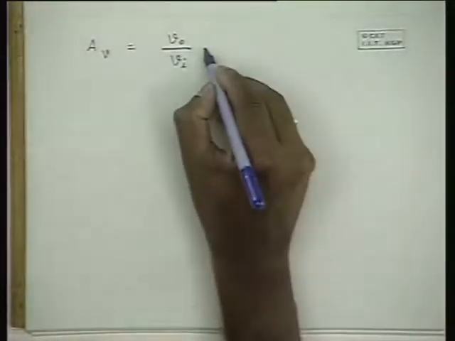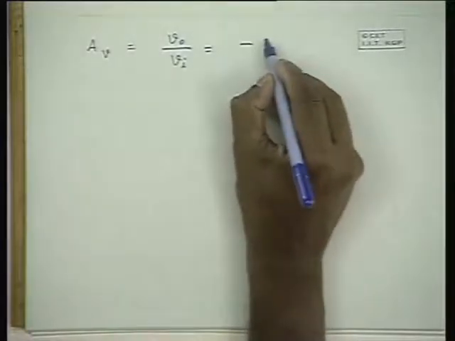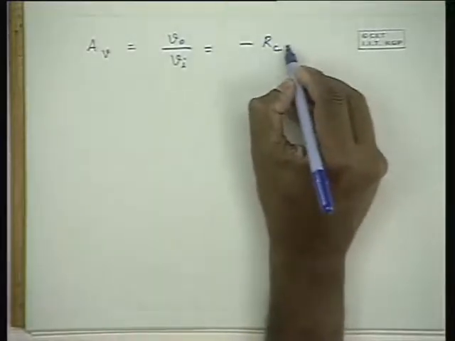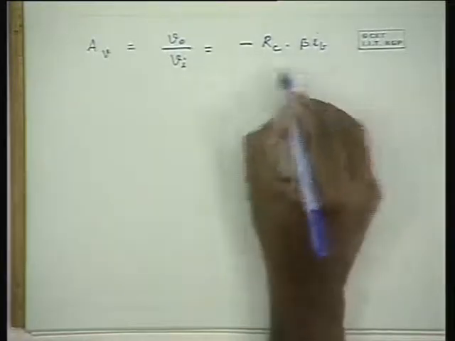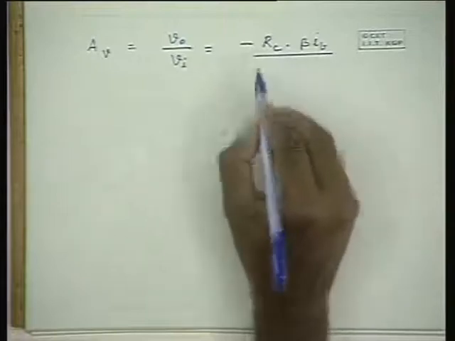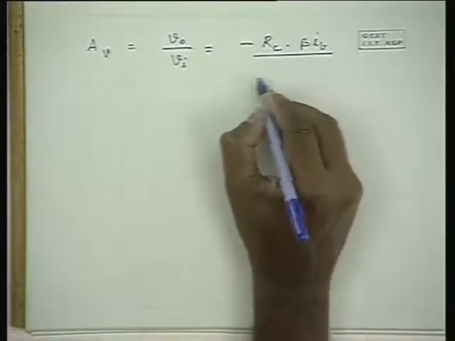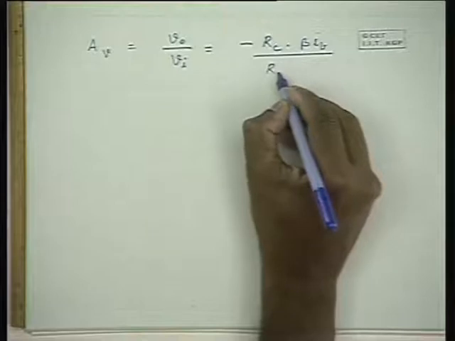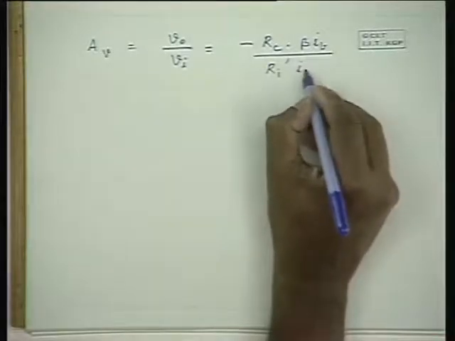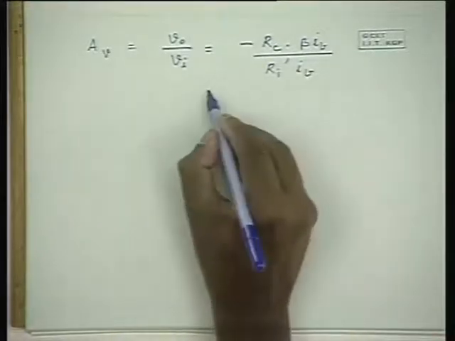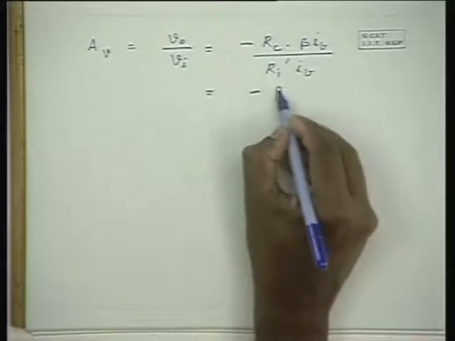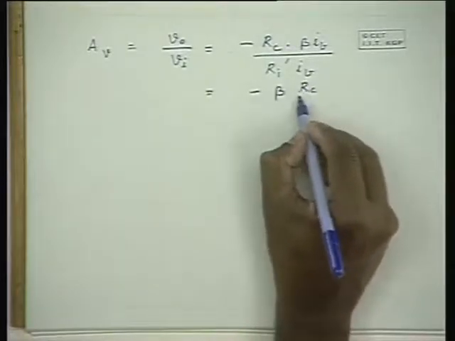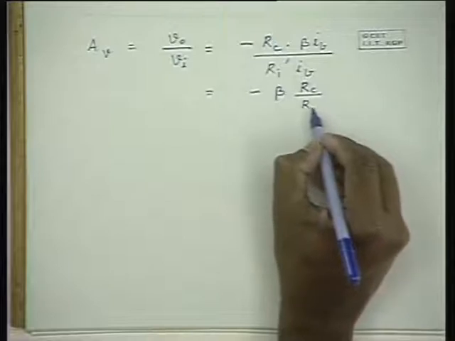Therefore you get minus RC into beta IB divided by Vi, and Vi is Ri dash into IB. So this is equal to minus beta RC by Ri dash.